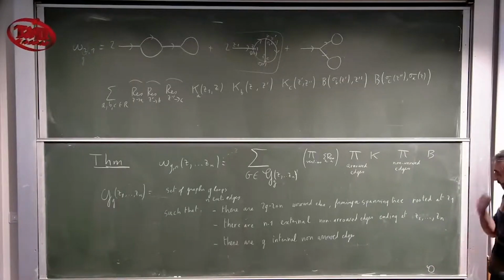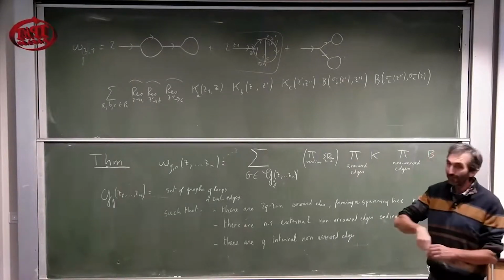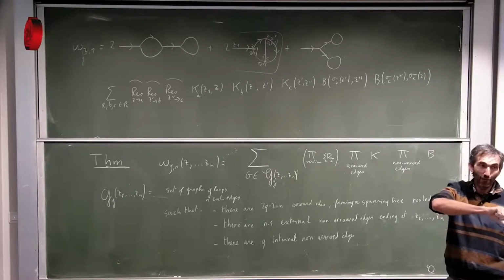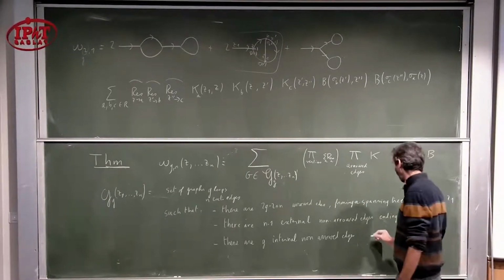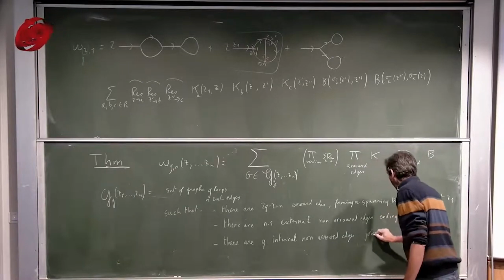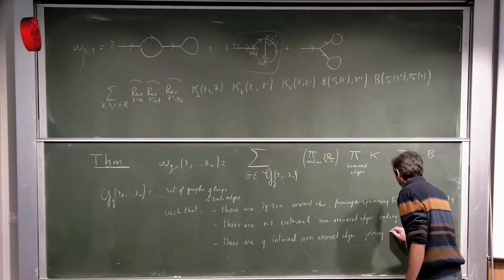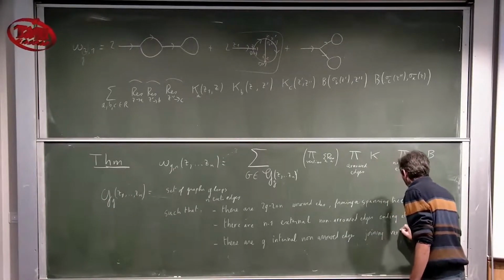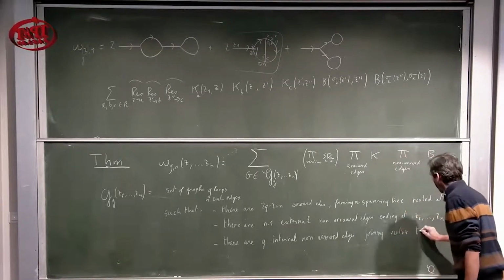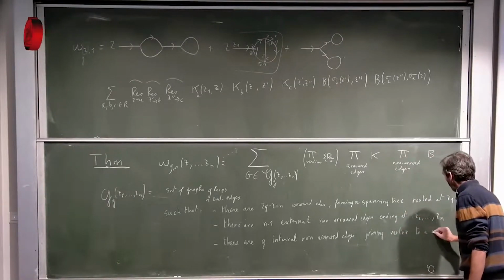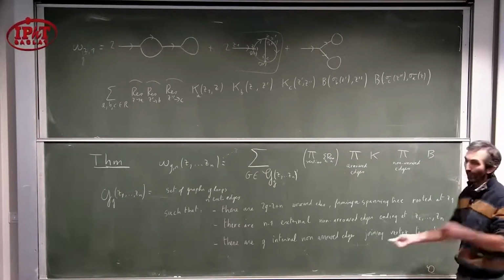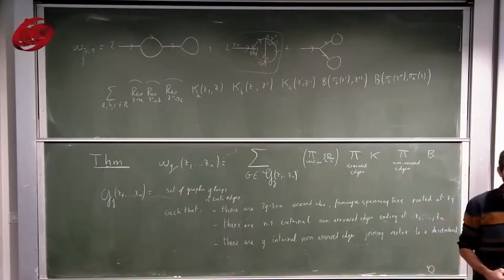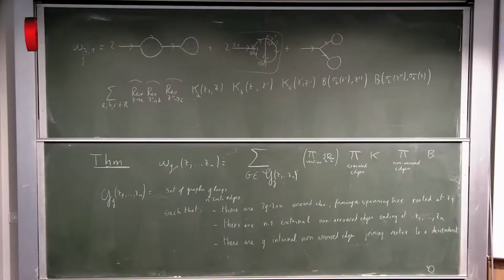And there is a constraint. A non-arrowed edge can go only from a vertex to one of its descendants along the tree, joining a vertex to a descendant, or a parent. I mean, basically, they cannot change branch.